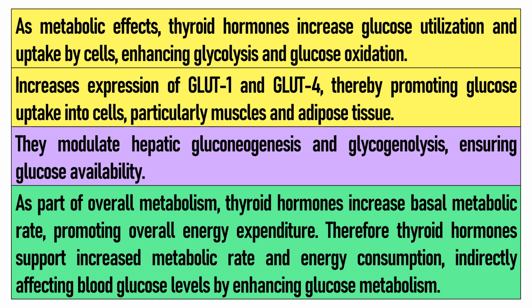As part of overall metabolism, thyroid hormones increase basal metabolic rate, promoting overall energy expenditure. Therefore, thyroid hormones support increased metabolic rate and energy consumption, indirectly affecting blood glucose levels by enhancing glucose metabolism.